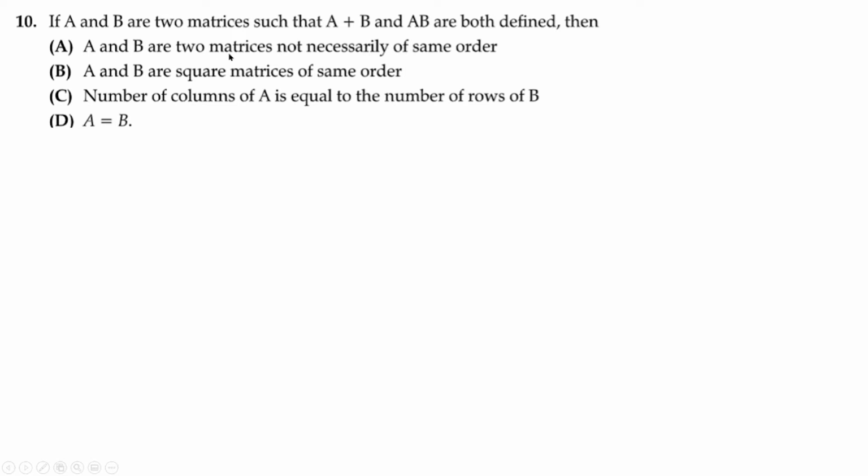If A and B are not necessarily of the same order, then A plus B will not be defined. Coming to option C, the number of columns of A equal to the number of rows of B, in this case we can only perform A into B, whereas we cannot do A plus B. And A equal to B is also not necessary. So the only option left is B, A and B are square matrices of the same order.